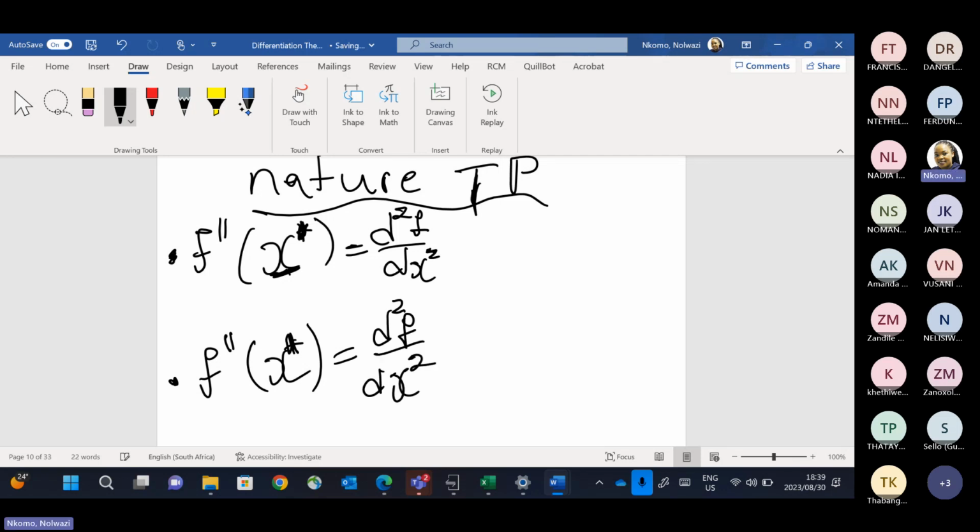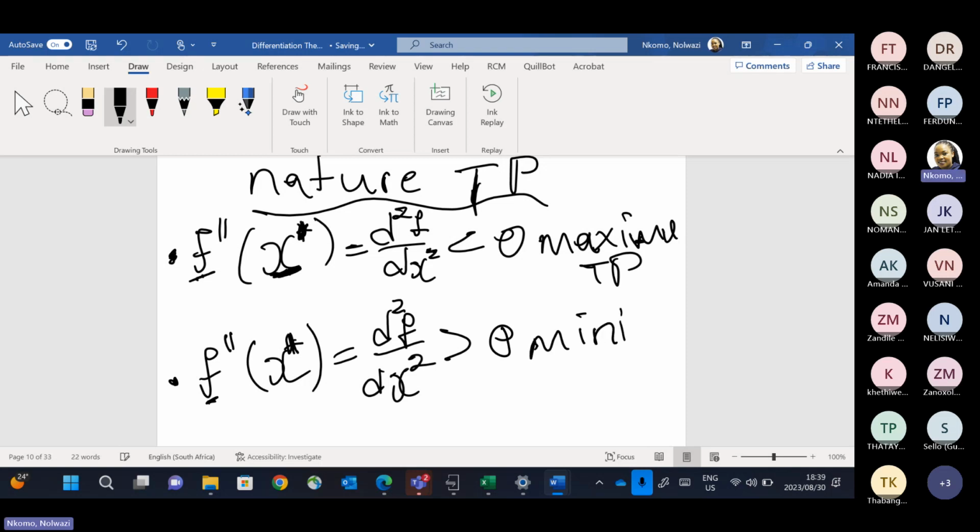Now, if your second derivative after substituting x star is less than 0, then this means this point is the maximum point. And if the second derivative is greater than 0, this means this is your minimum point.